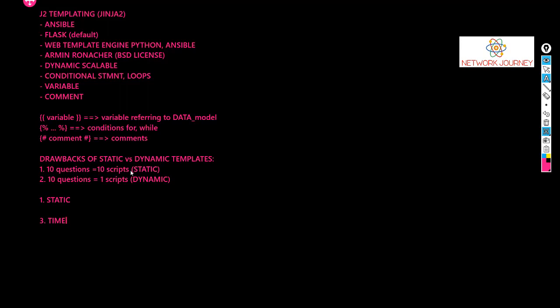For every data center, branch, or campus you create. But in the case of dynamic, you keep the same thing. It's just about changing the data model and the host, and that's it. It's a more efficient way to handle the script and all the other things.